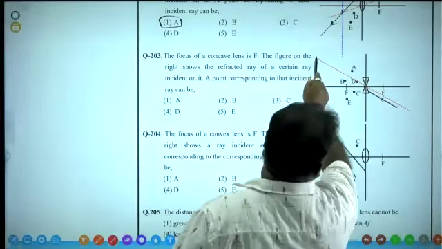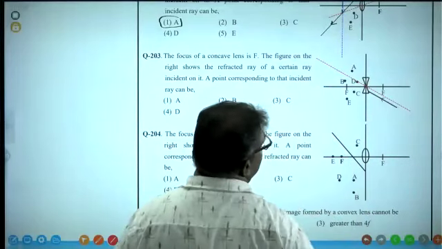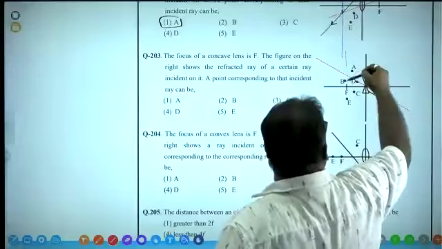This is the line across the optical center. And this one is the focal plane.